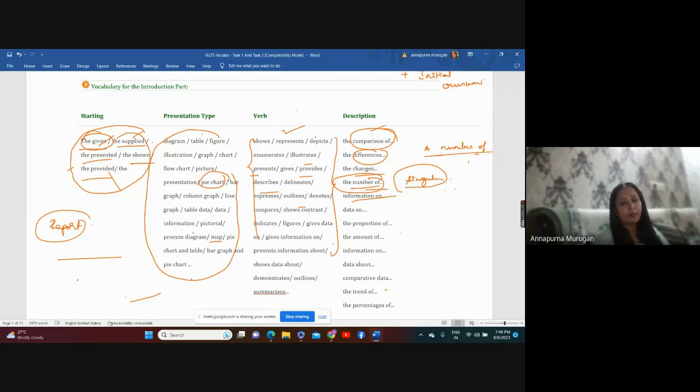When you're introducing, you can use the pie chart. Then you can use pictorial presentation. Then the presented illustration you can say. Then plainly you can say graph. Then you can talk about chart there. You can generalize it.